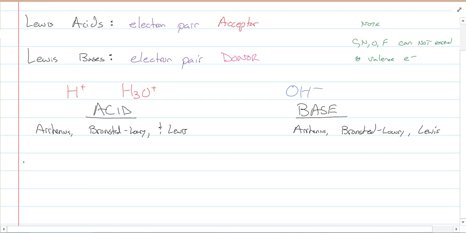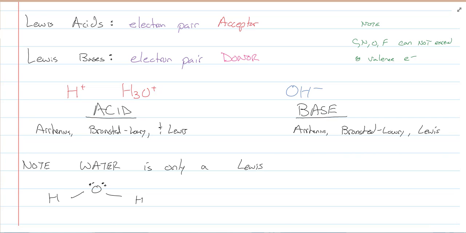Note, water is only a Lewis what? So if I look at the HOH bond, oxygen has 8 valence electrons.